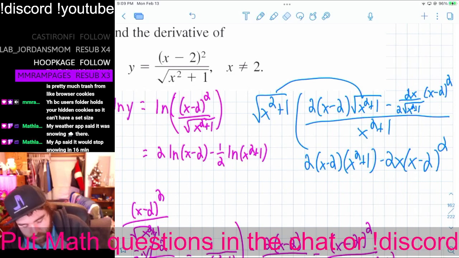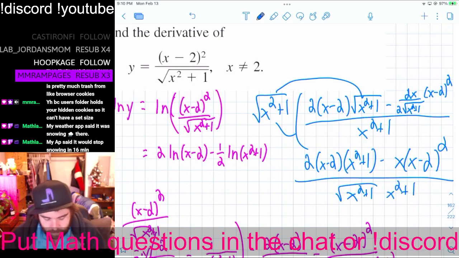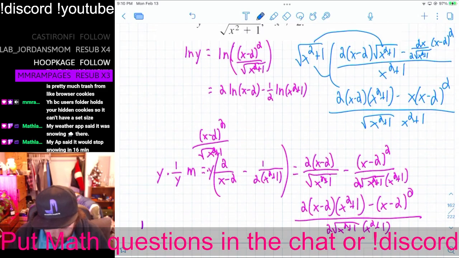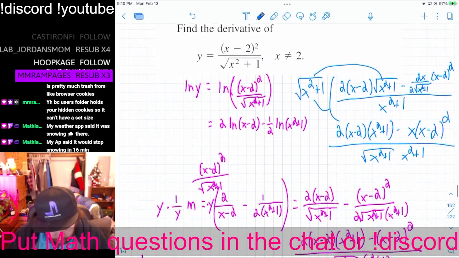Oh, but over 2, so that canceled out. And then all of that, I'm multiplying this times the bottom too. Root x squared plus 1 times x squared plus 1. So it's slightly different, isn't it?